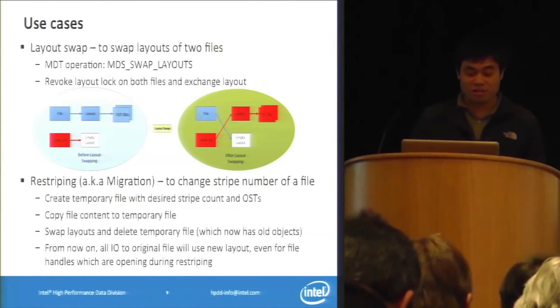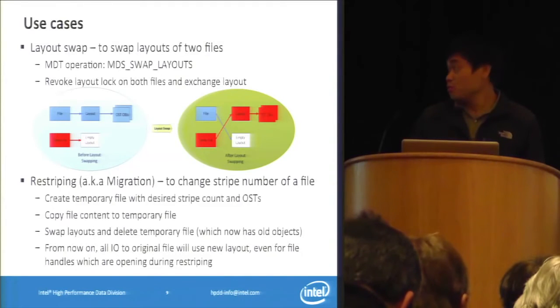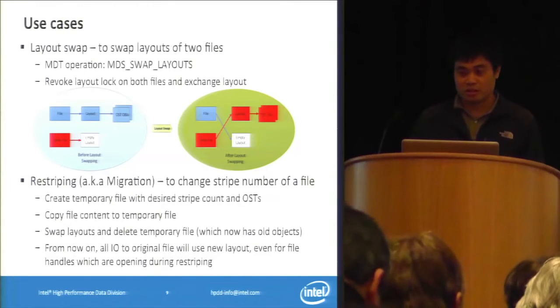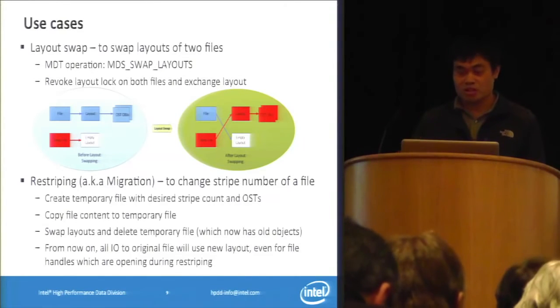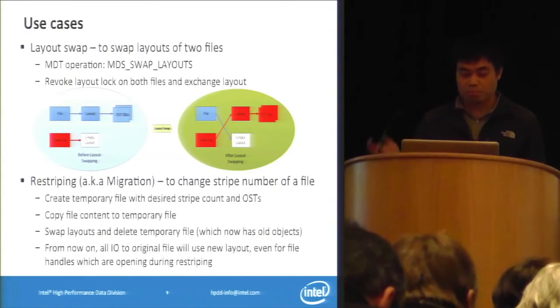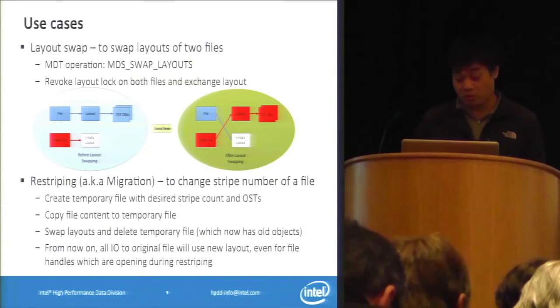From now on, all I/O to the original file will be forwarded to the new objects, even if the file was opened before the striping. So this is really cool.